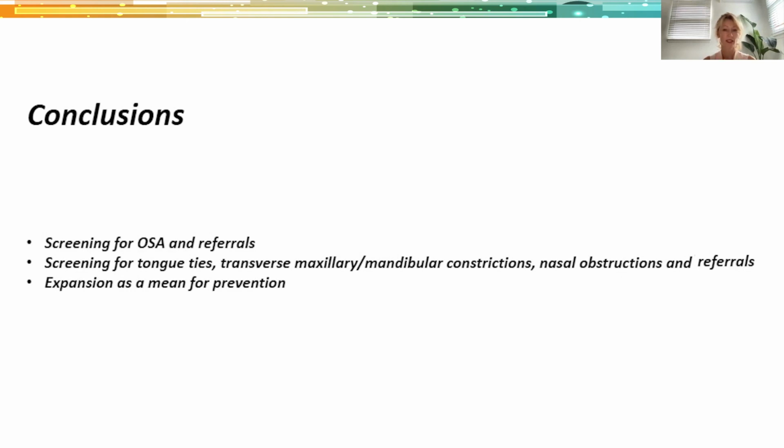The earlier we find any problems that we can address through tongue ties or stimulating growth or nasal obstructions, we can help these patients to become less of an issue once they lose their teeth in regards to potential for obstructive sleep apnea.